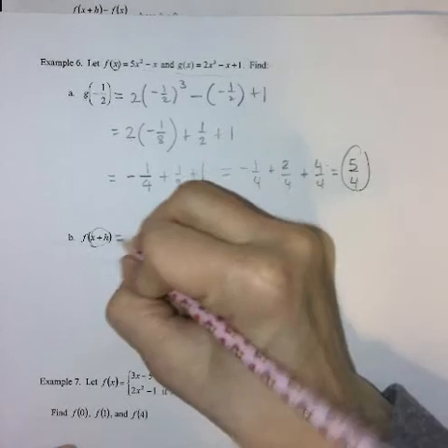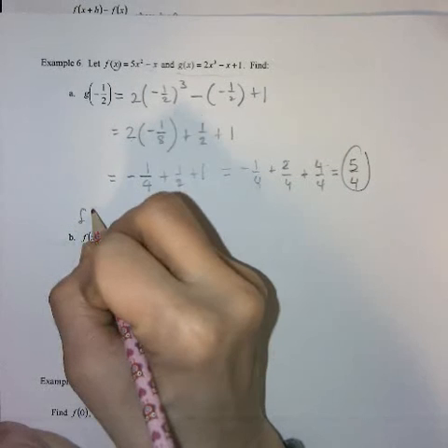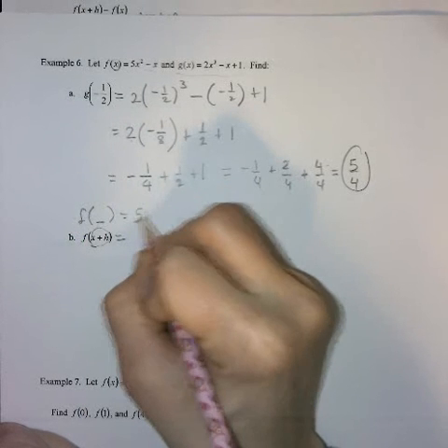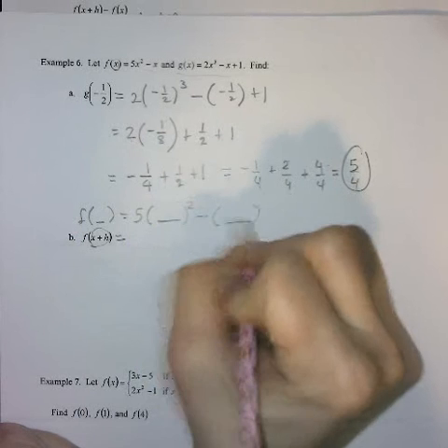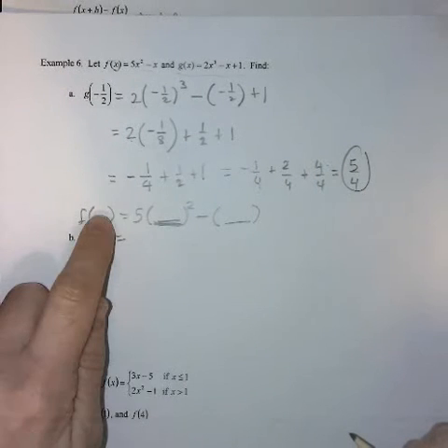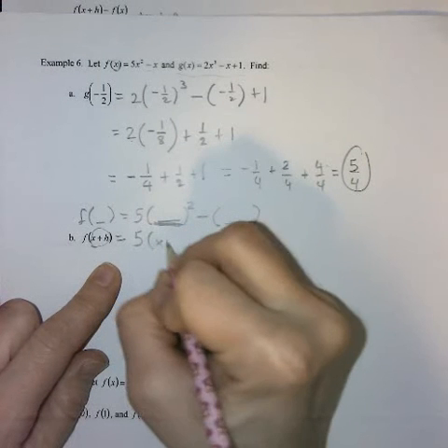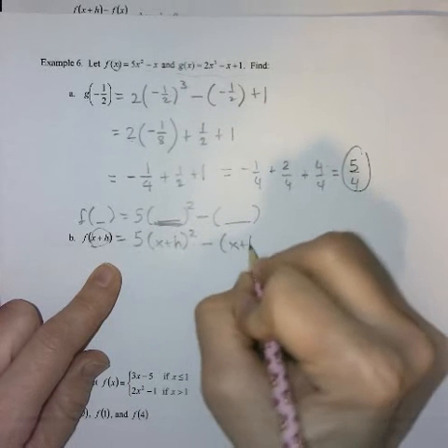So in your formula, which was f at x, think of that as a blank. And now you've got this blank here. Blank, right? That's not a subtraction, that's supposed to be a blank. The x plus h is going to replace the blanks. So it's 5 times x plus h squared minus x plus h.